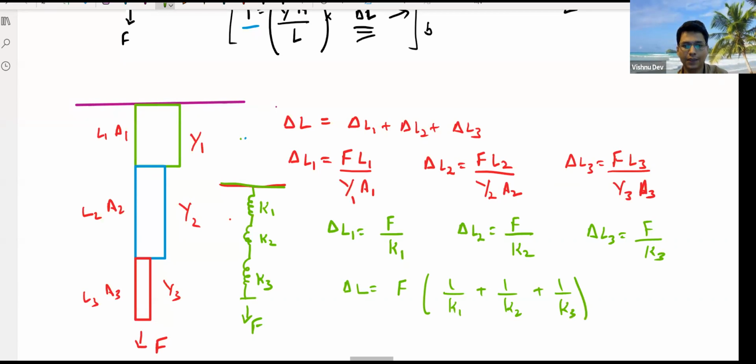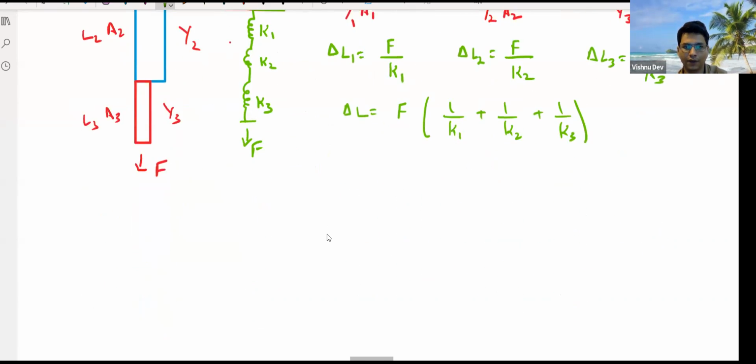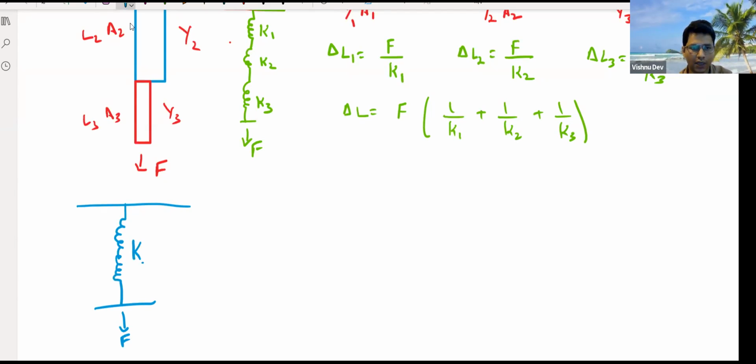Okay. Now, if instead of all three I had only one spring, suppose I remove these three and put one spring, the same equivalent concept, and the same force F is applied, with spring constant K equivalent. Then delta L should be F by K equivalent. Same concept, like resistance.